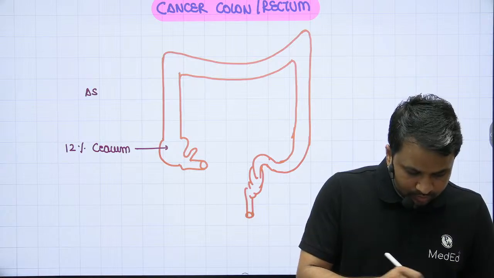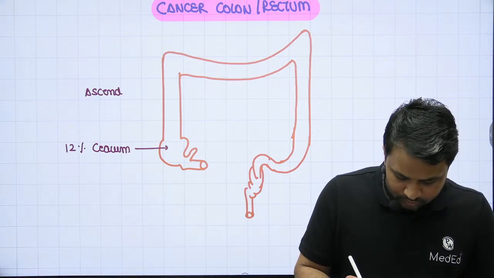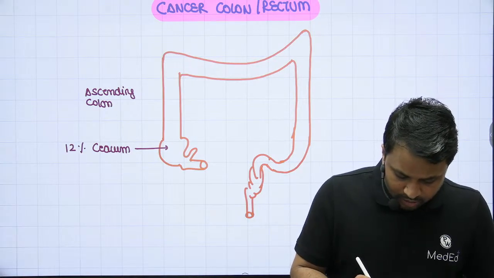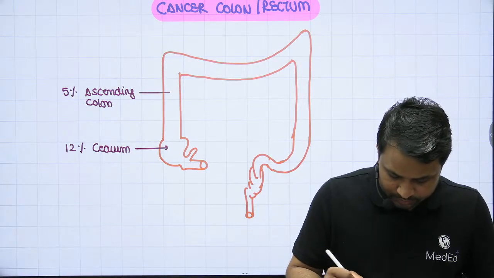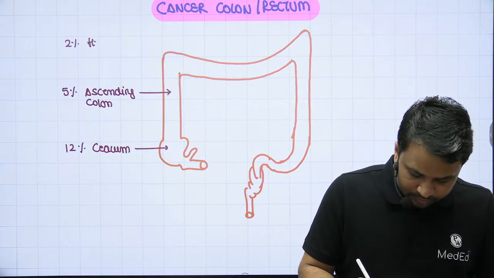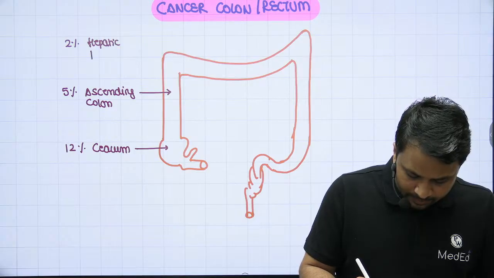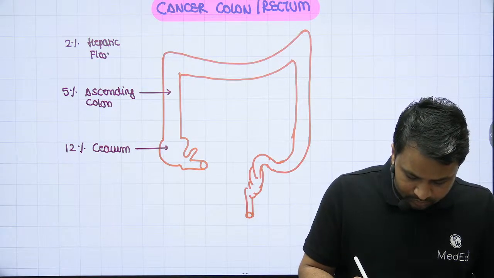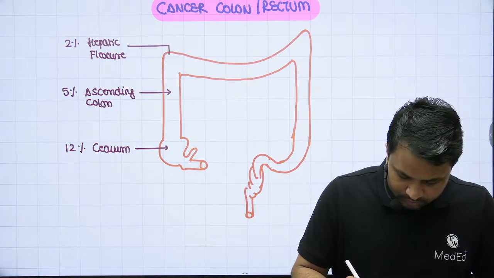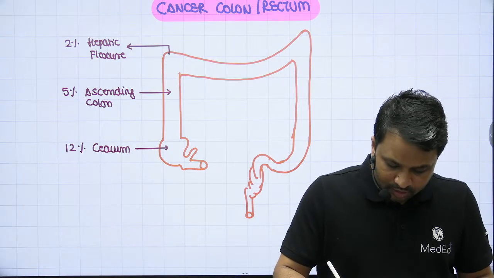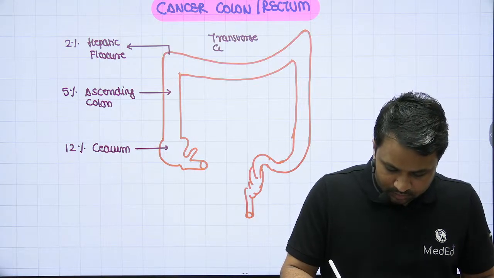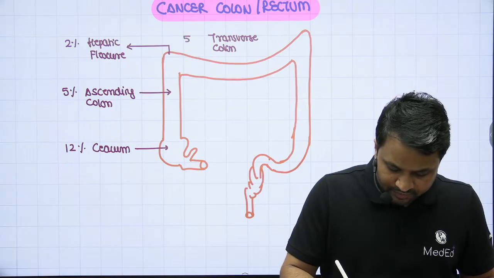Ascending colon consists of 5% of the total. Hepatic flexure is 2%. Transverse colon is approximately 5.5%.